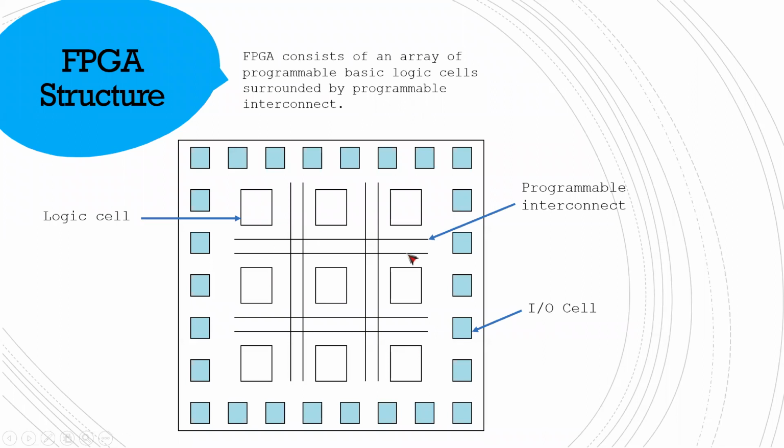And in between them, they have some programmable interconnect. Programmable interconnect means if you want to connect these with these, you can make a connection. That is called programmable interconnection, right? Okay, this is the basic structure of FPGA. Now, normally the FPGA is much more complicated than this, but this is the basic structure.